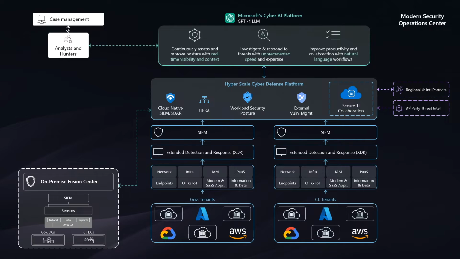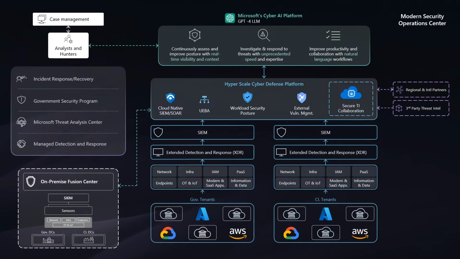You also will need in your security operations center the ability to say, it doesn't matter how awesome your security operations center is, you eventually are going to have some kind of cyber incident. So you need incident response and recovery to help you deal with incidents and augment the capabilities of your analysts and hunters to evict that adversary that may be there.